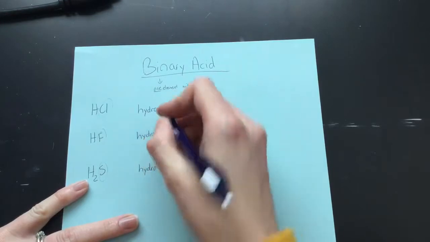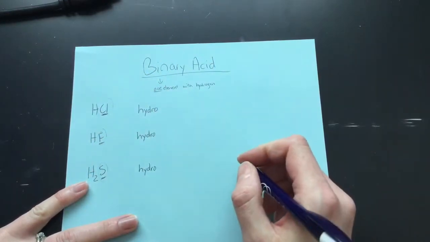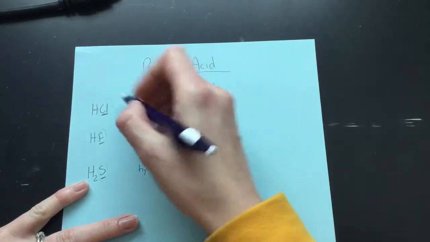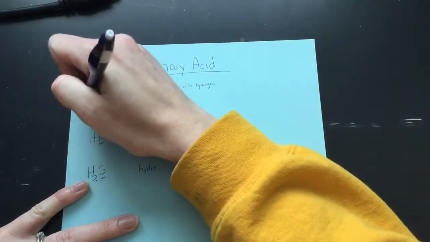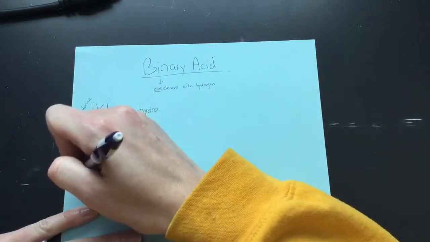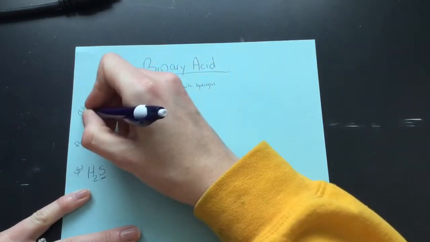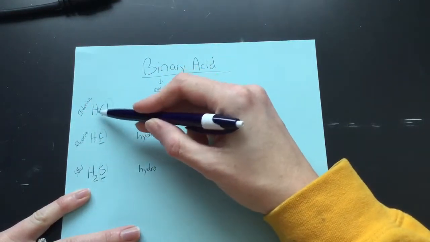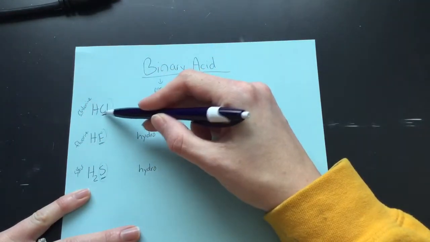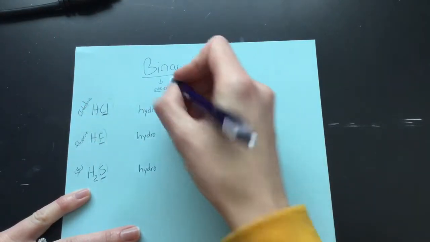But this is hydro, and then you take the element here, and you take the root part of that name. So this is chlorine, this is fluorine, and this is sulfur. I'm only going to take part of that word. So on this, it's going to be hydro, and then instead of chlorine, I'm going to take just the part that would stick this way.